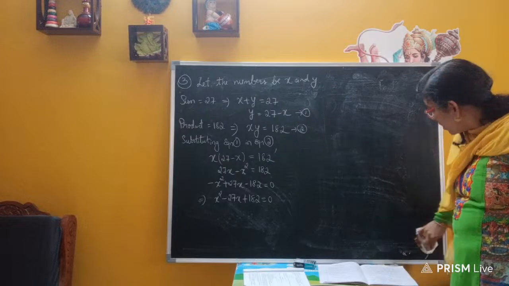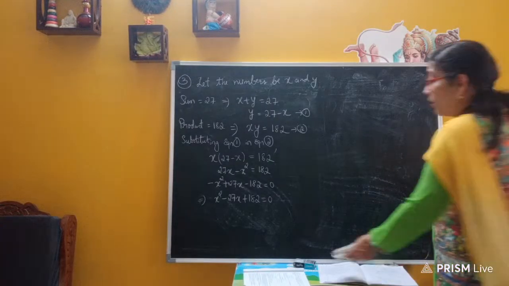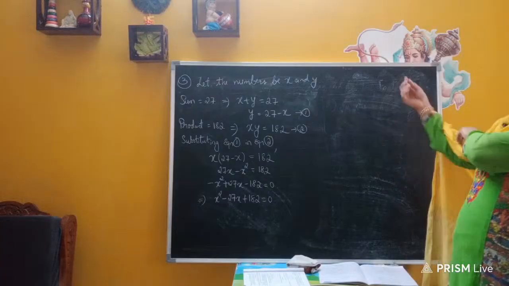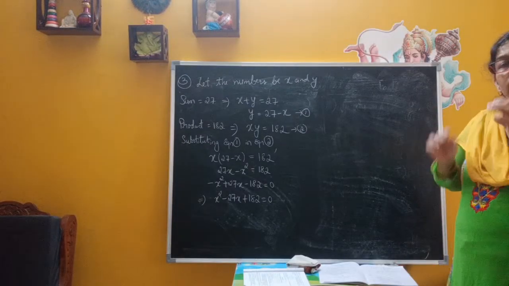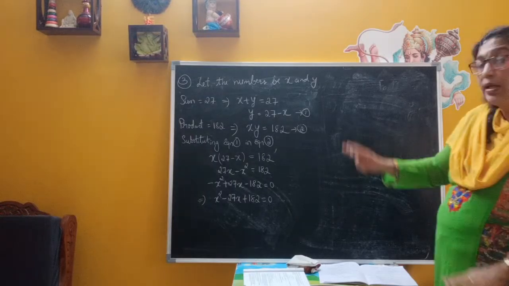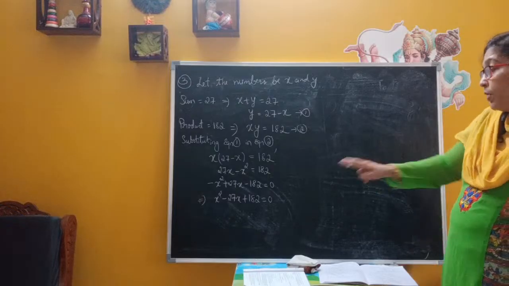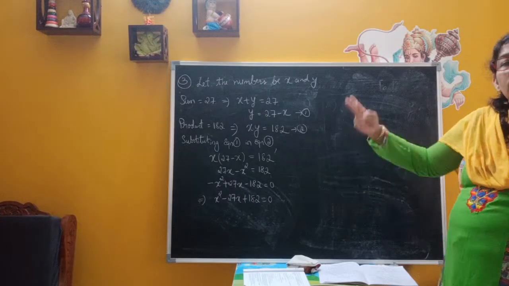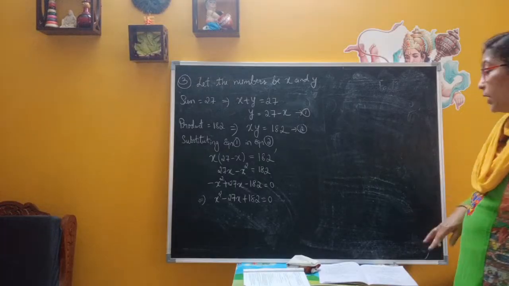So here the product is positive, plus 182. When is it possible? If both the numbers are plus or both the numbers are minus. Minus into minus is plus, plus into plus is plus. So we cannot have one negative number and one positive number. Both should be either positive or both should be negative.